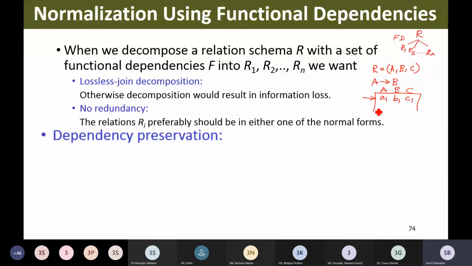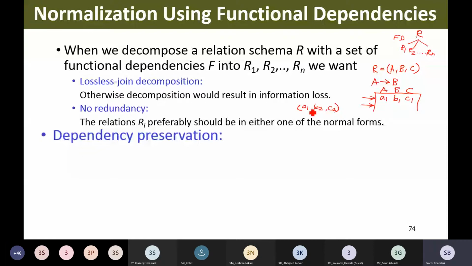Now, if I try to insert one more tuple in this table, insert into R values, say A1, B2, C2.